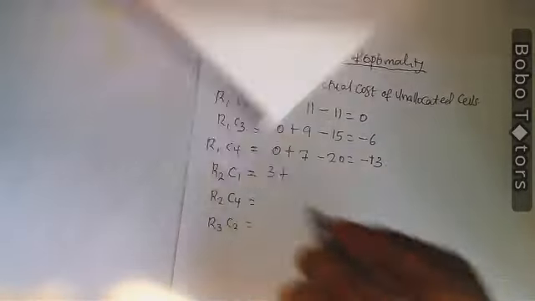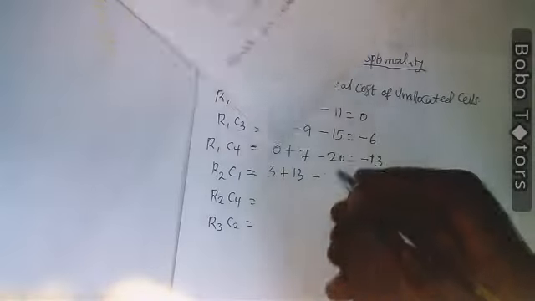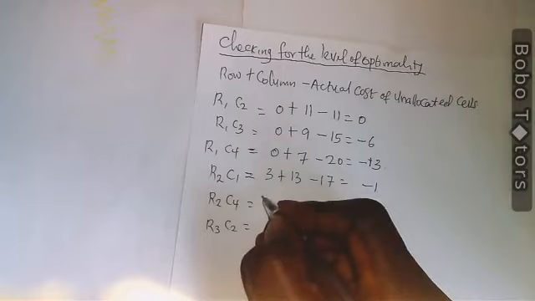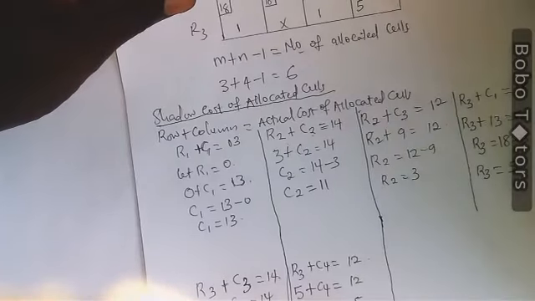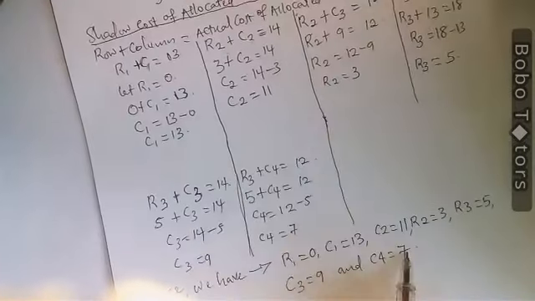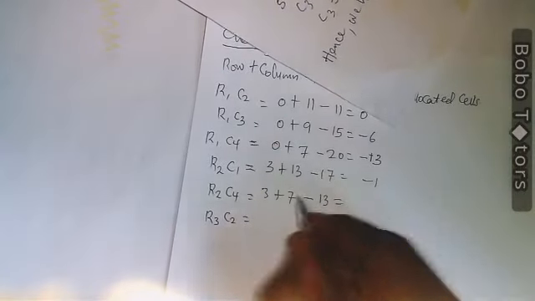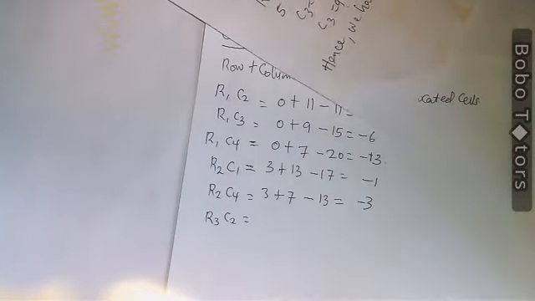Row 2 is 3, column 1 is 13, minus row 2 column 1, which is 17. That's minus 1. Row 2 column 4: 3 plus column 4 which is 7, minus row 2 column 4, which is 13. That will be minus 3.